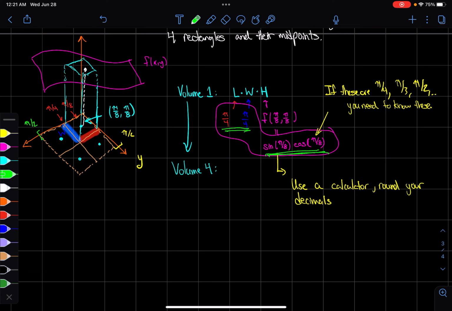But if this is an exact form solution, for instance, maybe we were plugging in pi over 4, and we know sine of pi over 4 is root 2 over 2, and cosine of pi over 4 is root 2 over 2, I would like you to leave your answers in exact form when possible. It makes it easier for me to grade and also prevents rounding errors on your part.